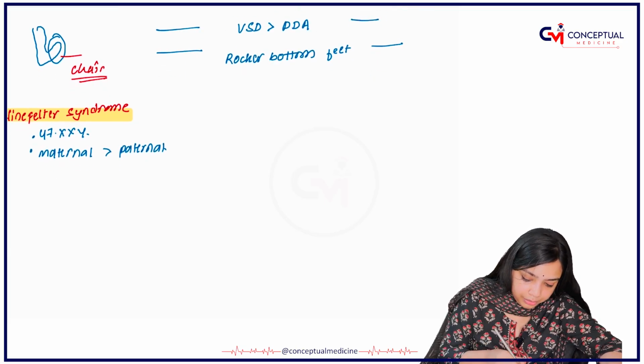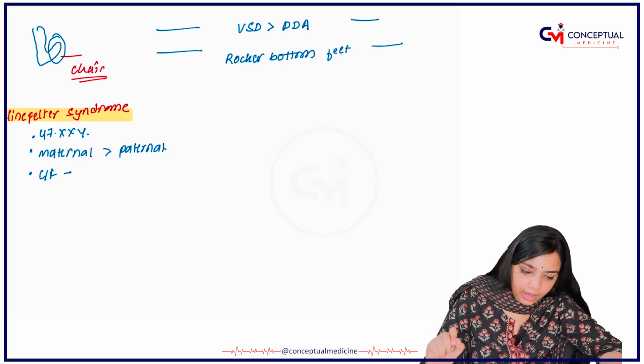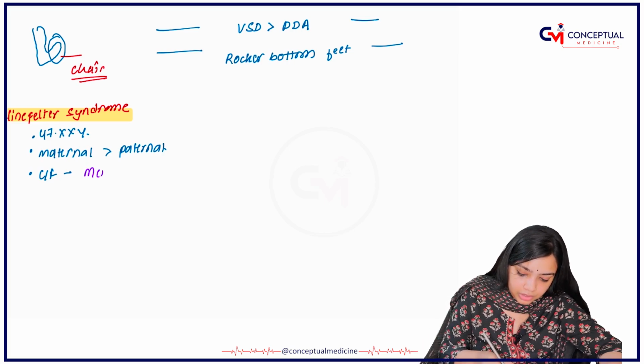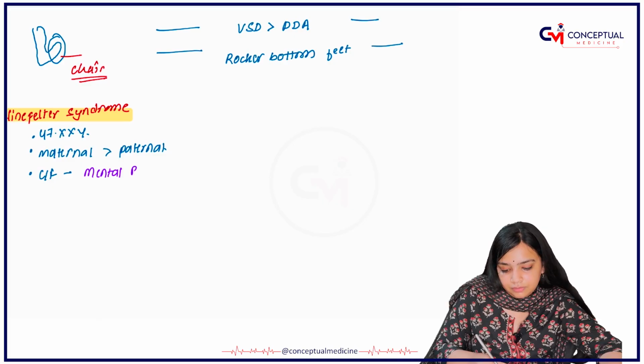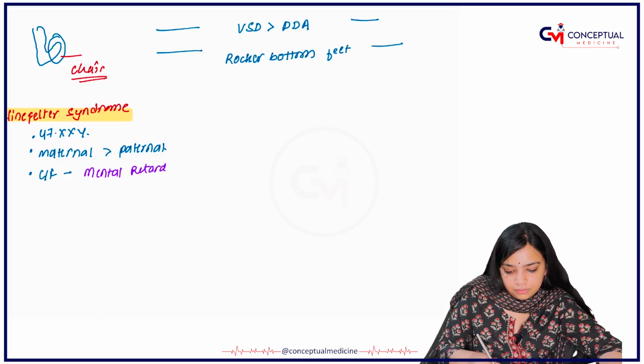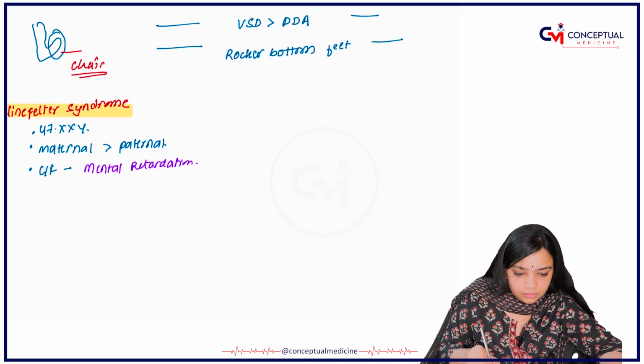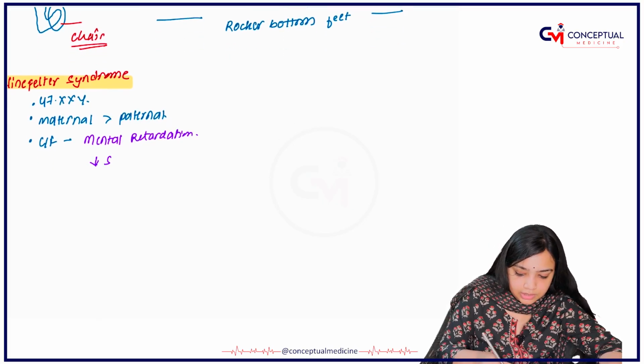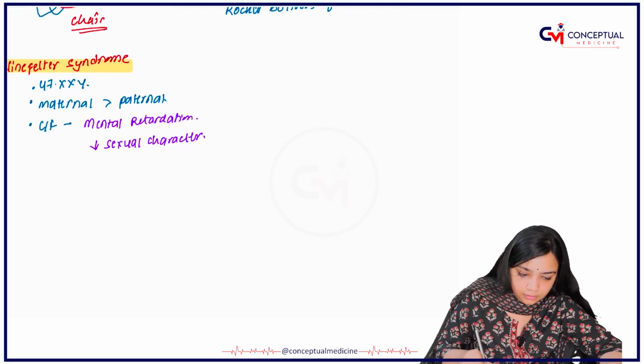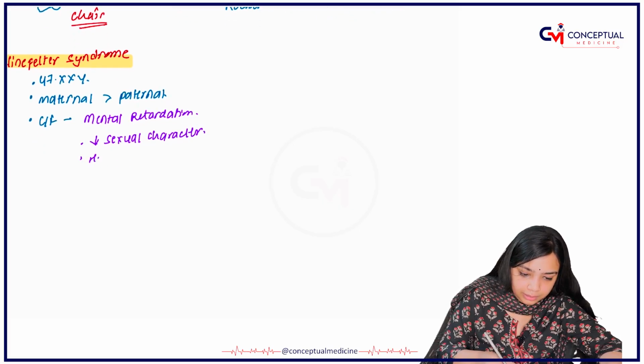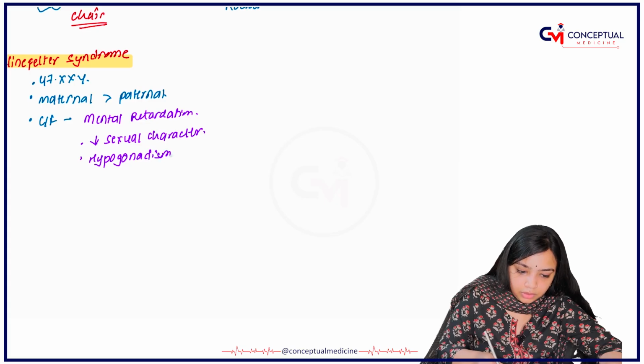Okay. If I talk about the clinical features, you have mental retardation, then decreased sexual characteristics, and you have hypogonadism.